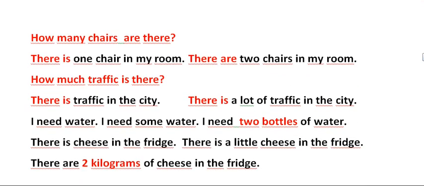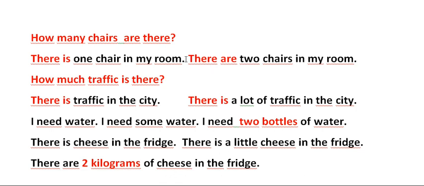Also, how we use how many and how much. With countable nouns, we use how many. How many chairs are there? There is one chair in my room. There are two chairs in my room. So how many with the countable.